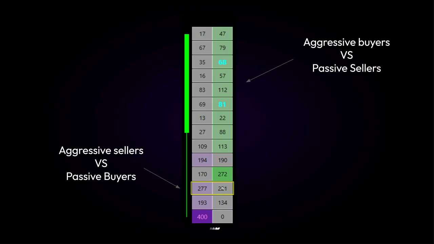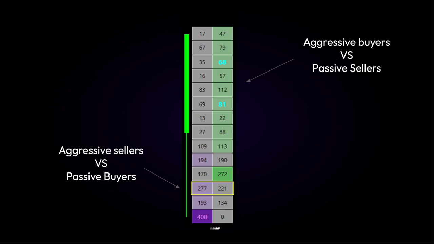And it basically showcases aggressive buyers on this side, the green side of the candle, the right-hand side of the candle, and aggressive sellers on this other side, which is the purple part. And all of these aggressive sellers and aggressive buyers have an interaction with passive buyers and passive sellers respectively.